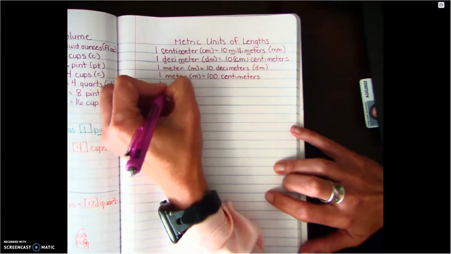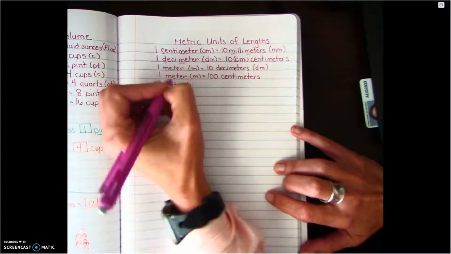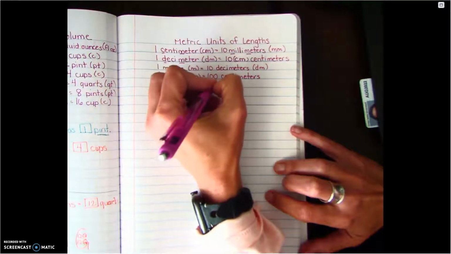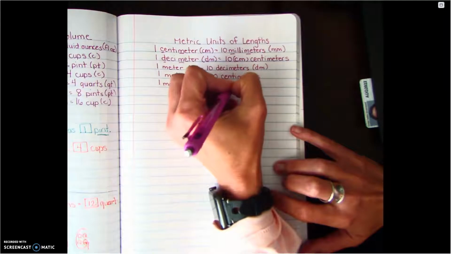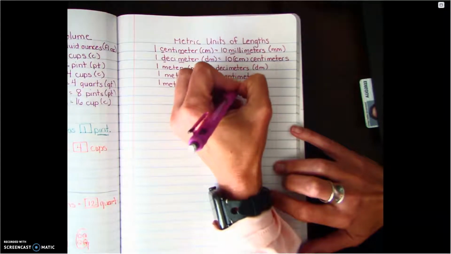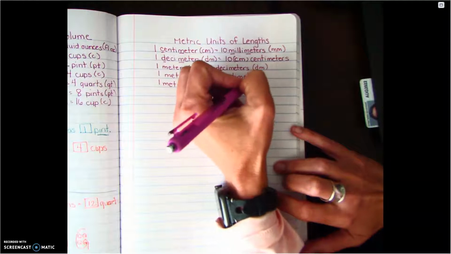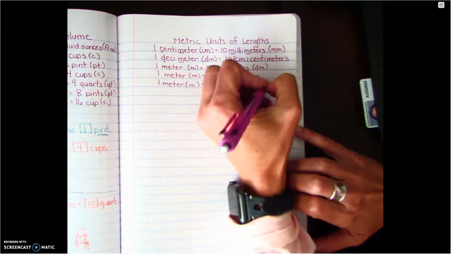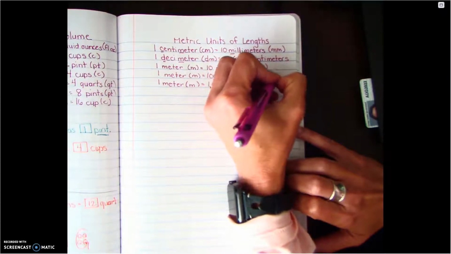And then 1 meter is also equal to 1,000 millimeters. Oops, and this one is mm, and this one is cm.